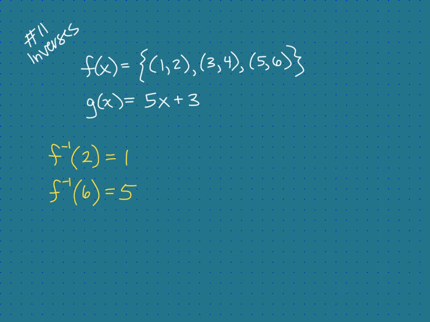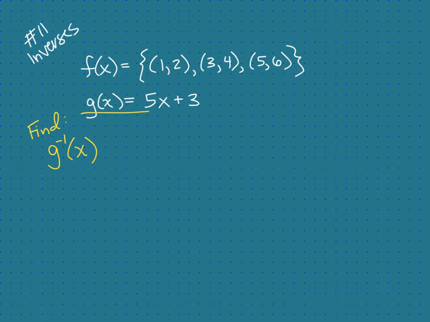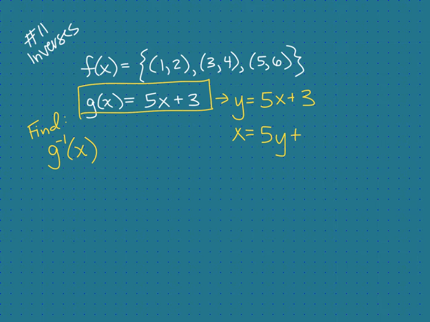Let's now move on to finding the inverse of g of x in an algebraic way. All right, we want to find g inverse of x. The way that we're going to do that is we're going to take g of x, and I'm going to write it as y equals 5x plus 3 instead of writing g of x. Then x and y swap spots. So it's x equals 5y plus 3.